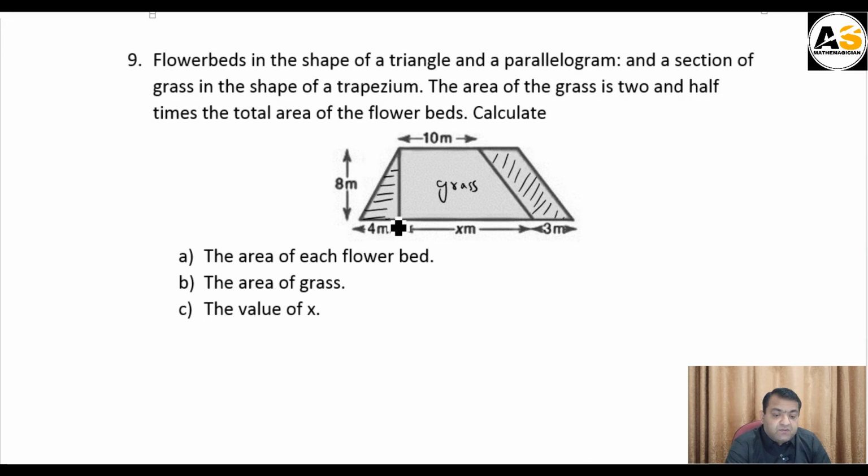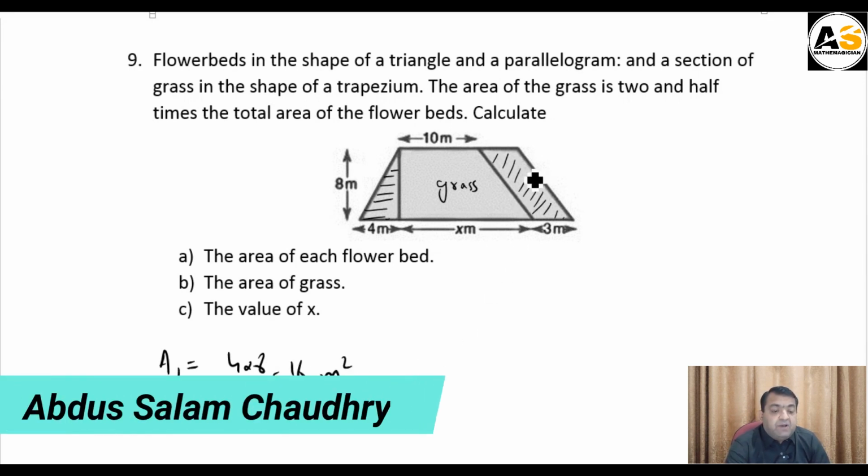Okay, first of all, let us find the area of the flower beds. This is part 1. This is a triangle. What is its base? 4 and height 8. So, area of flower bed 1 will be 4 into 8 over 2, 16 meter square. And area of the second flower bed, this is a parallelogram.